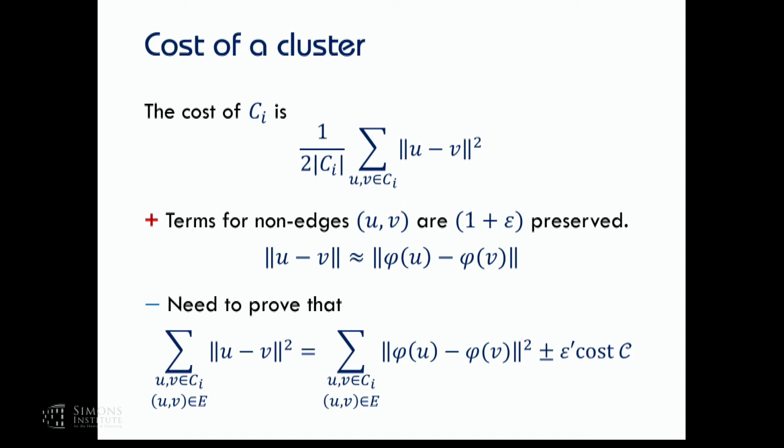Okay? What is important is that we get this approximate equality up to some additive error. So we cannot have a multiplicative error here, because in particular it may happen that one of these sums is very close to 0 and the other is not. Okay? So this is our plan.